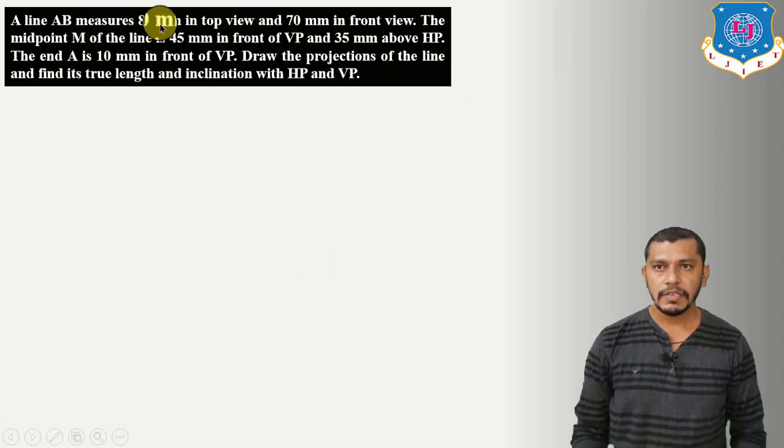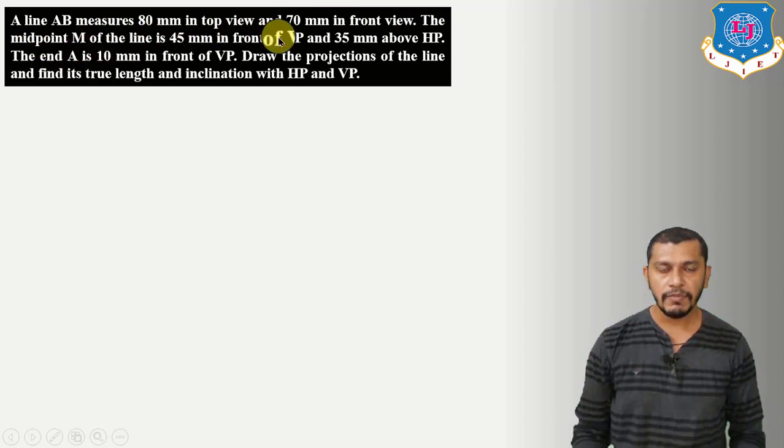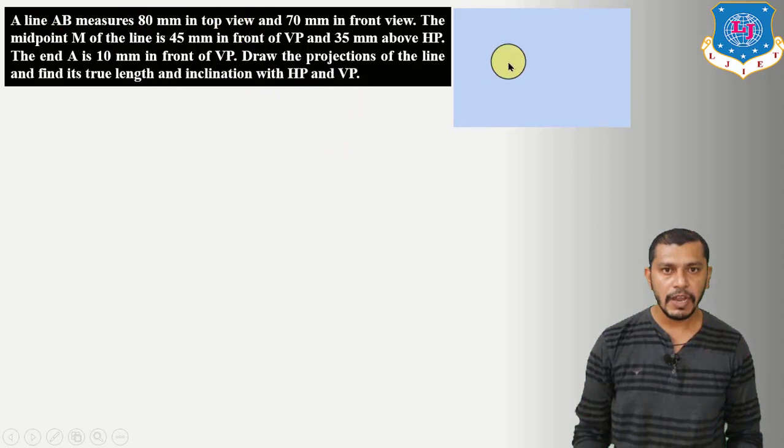A line AB measures 80 mm in top view and 70 mm in front view. The midpoint M of the line is 45 mm in front of VP and 35 mm above HP. The end A is 10 mm in front of VP. Draw the projections of the line and find its true length and inclination with HP and VP. So the given data is line AB measures 80 mm in top view, that means the plan length of the line is 80 mm, 70 mm in front view, that means the elevation length is 70 mm.